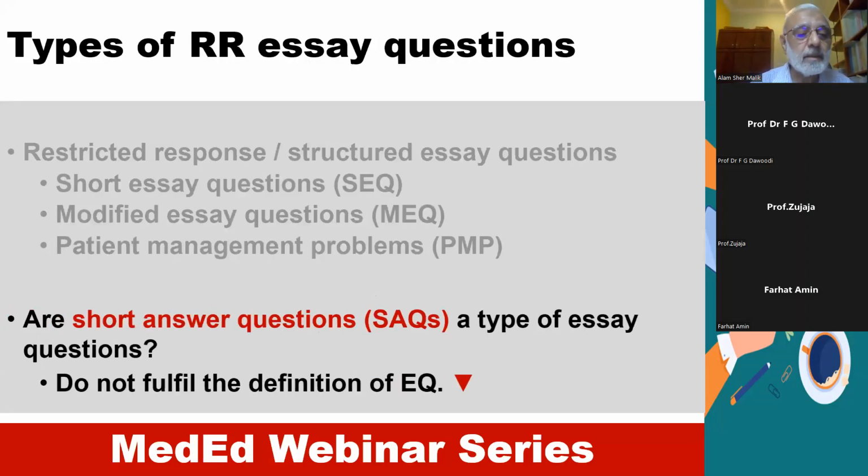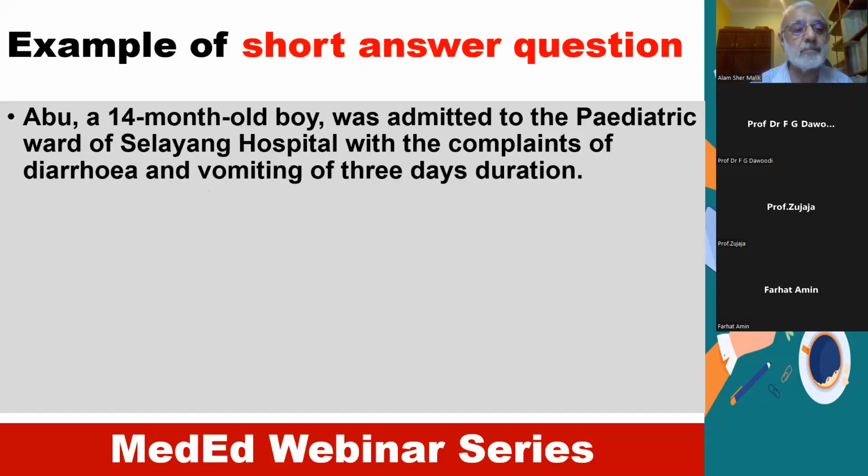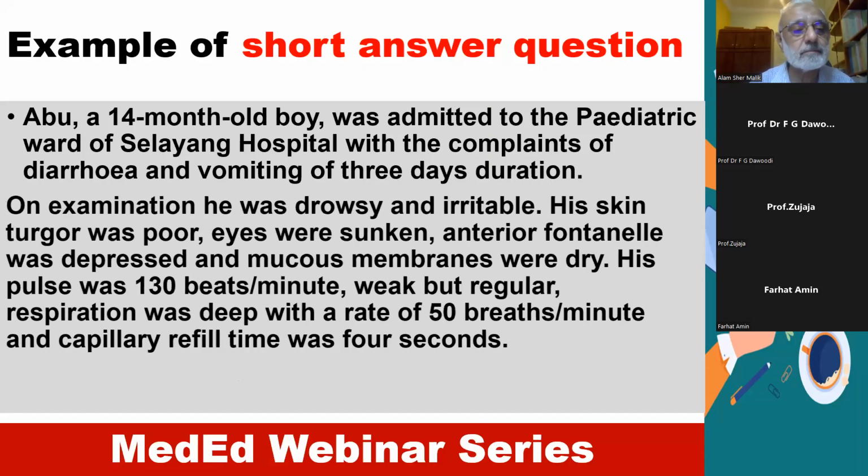structure. Now, the question is, are short answer questions a type of essay question, as compared to short essay questions? If you look at the short answer questions, they actually do not fulfill the definition of essay questions. Here is an example. Abu, a 14-month-old boy, was admitted to the pediatric wards of Slyang Hospital with complaints of diarrhea and vomiting of 3 days duration.